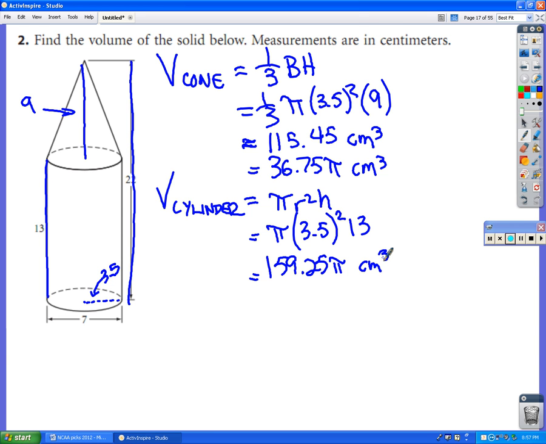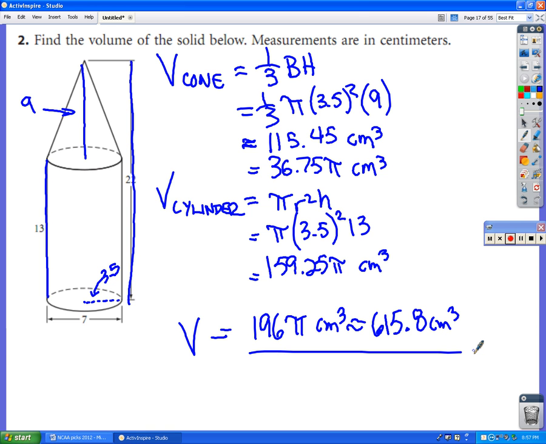And then I need to add that on to the volume of the cone that I figured out before, 36.75. So that comes out to be, oh, that's pretty nice, 196 pi cubic centimeters for my total volume final answer, which, if I want that as a decimal, is approximately 615.8 cubic centimeters. Either one will do.